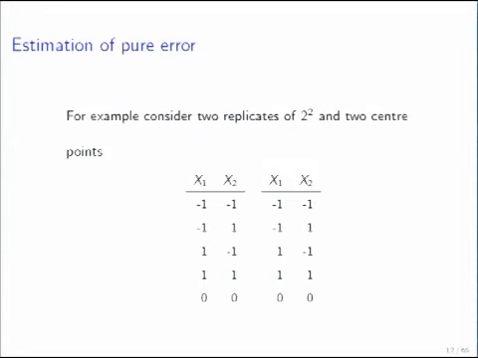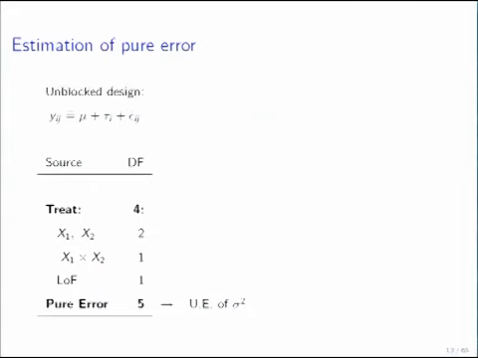So, for example, just a review for estimating pure error. Let's consider this unblocked design, 2 factors at 2 levels and 2 center points. We have 5 treatments, each one appearing twice.